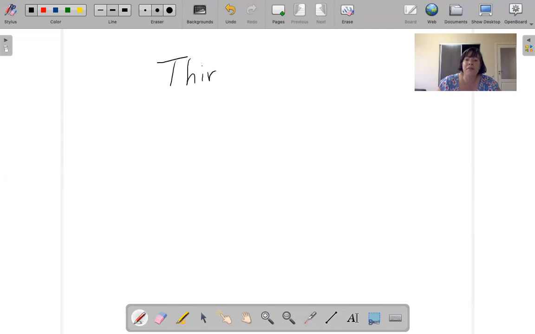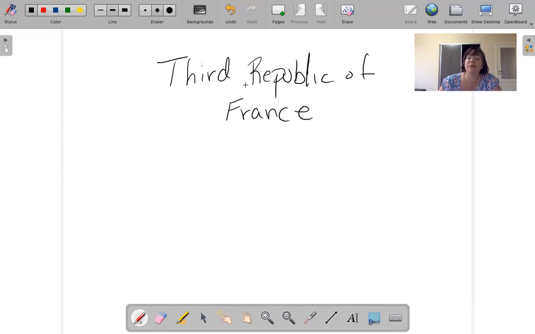And this is now the Third Republic of France. Why is it called the Third Republic? Because a republic is when you vote for your leader. It's when the people vote for their leader. So they had overthrown the king, and this is a long time ago, last unit, overthrown the king, started a republic, but then the republic fell and they got a king.